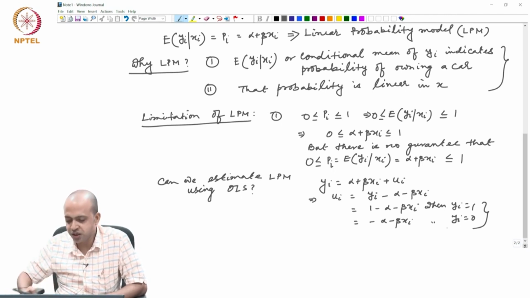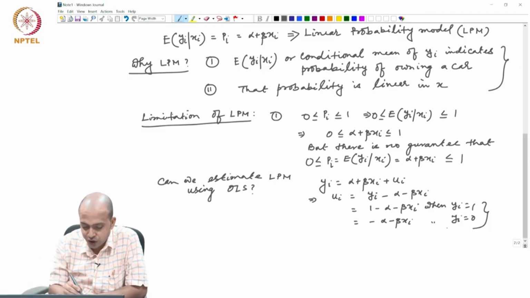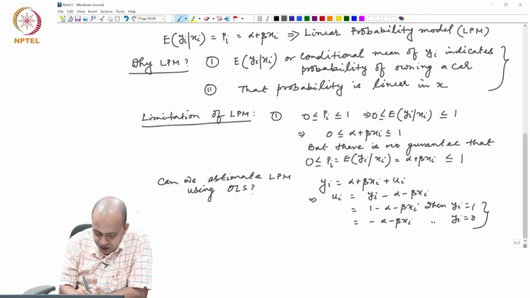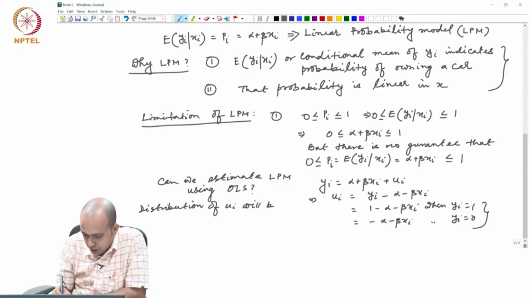So, that means here you see ui can take only 2 values. What would be the distribution of then ui? So, the distribution of ui will be discrete instead of normal.